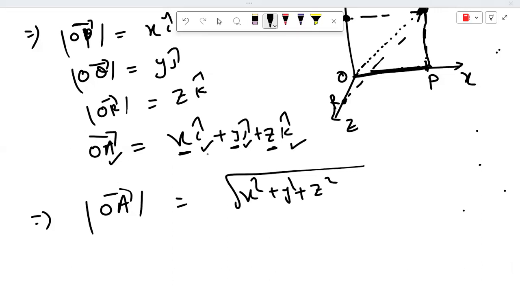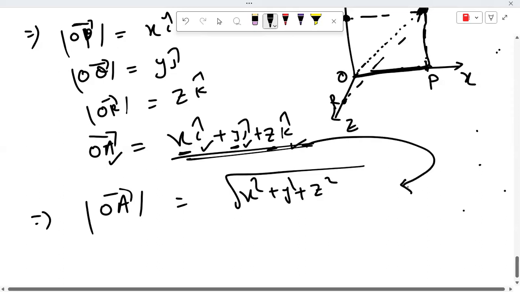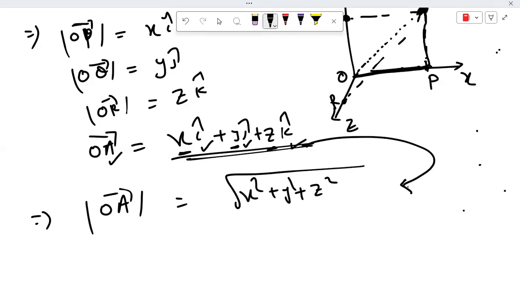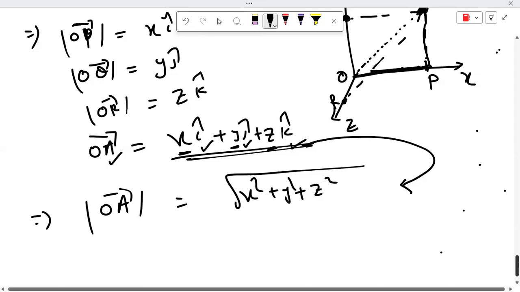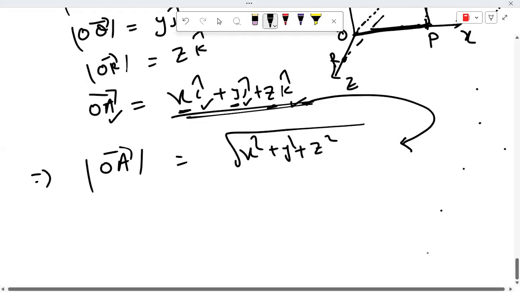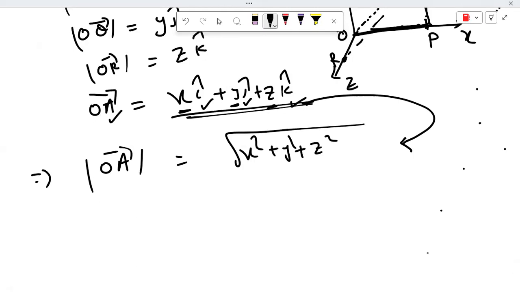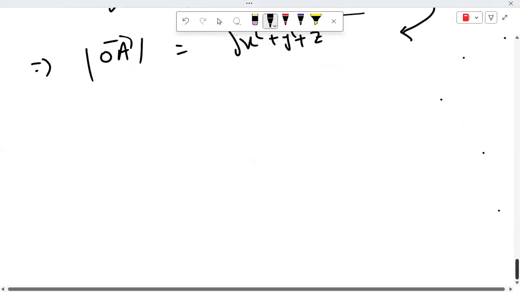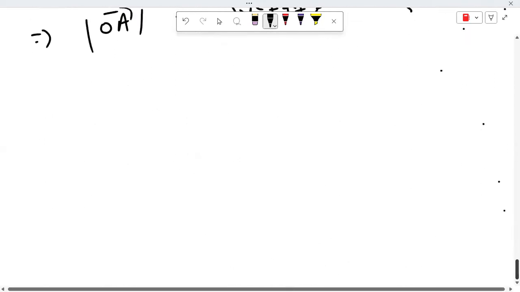If a vector is in component form, then you can find magnitude like this. Okay, everyone? Yes, sir. Noted. Shall we move on?